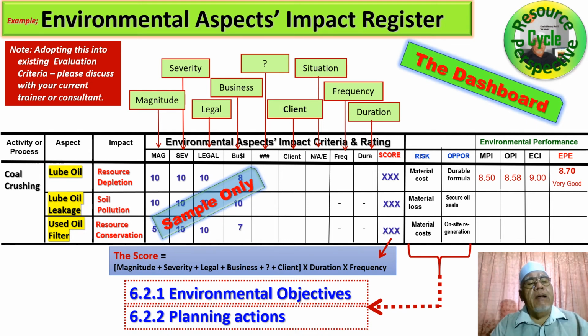I would normally have activities and processes right here in the first column, and I have the environmental aspects listed down here, and I have its associated environmental impact listed down here too.